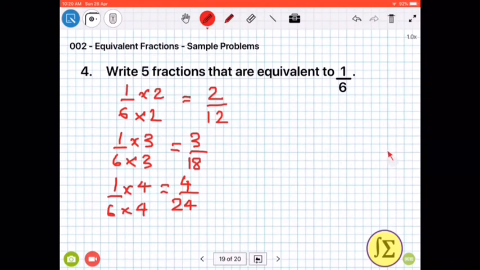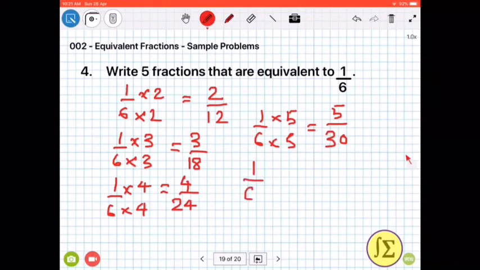So we have 3 equivalent fractions. Let's do 2 more. 1 over 6, now multiply by 5. 1 multiplied by 5 is 5, 6 multiplied by 5 is 30. So 5 over 30 is another equivalent fraction of 1 over 6.